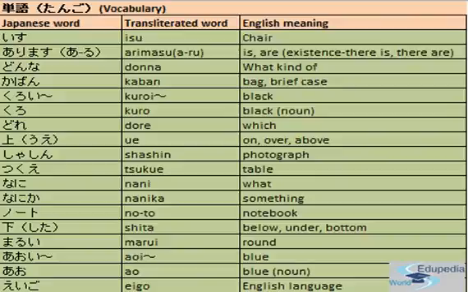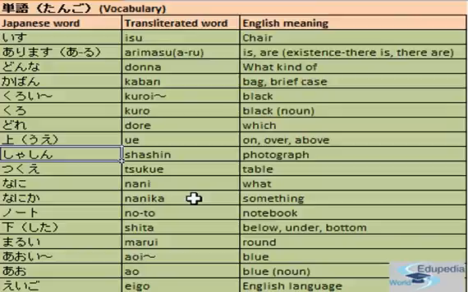Clear? So the next word is dore. It is not dore, it is dore, meaning which. The next word, ue. Ue is written in kanji here, meaning on, over, above or top. The next word is shashin.